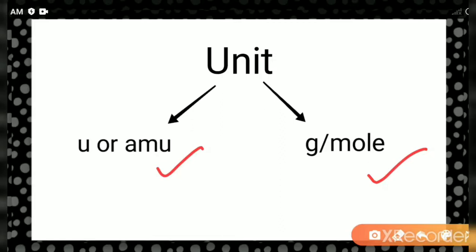The numerical value is the same; the only difference is in the unit. So the atomic mass of hydrogen is 1 U, but the gram atomic mass, or the mass of 1 mole of hydrogen atoms, is 1 gram per mole. That means 1 mole has 6.022 × 10^23 particles and its mass is 1 gram.